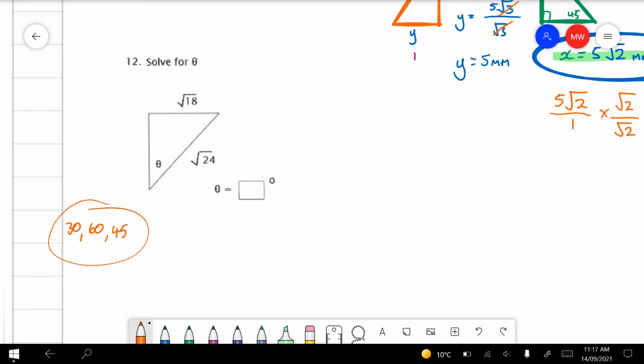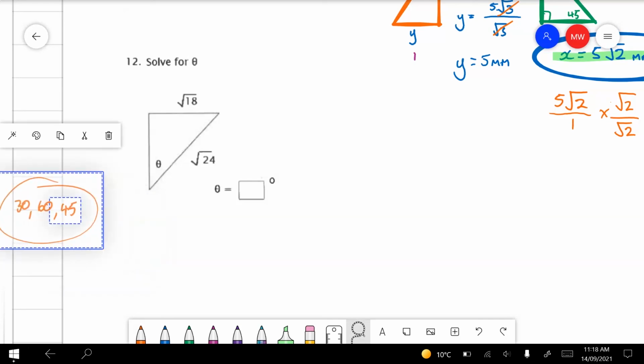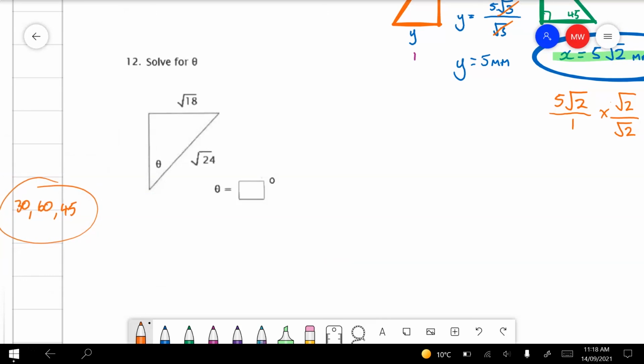You could dial this straight into your calculator and get it, but for full marks, you'll need to prove that you understand what's going on here, okay? So remembering that it has to be one of those answers, we'll move that out of the way for a minute. I also know that from mainstream, you guys know the rules SOHCAHTOA.